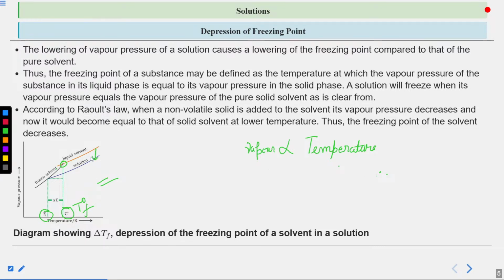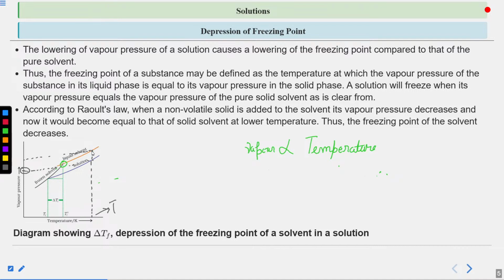You can see it very clearly from this graph also that the vapor pressure of the solution is decreased at the same temperature. If I just try to make things clear here, let me drop a point. Suppose this is temperature T. At this same temperature, the solution has a vapor pressure here, but the solvent has a higher vapor pressure at the same temperature, right?